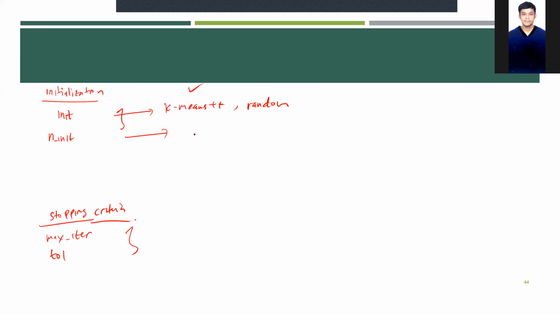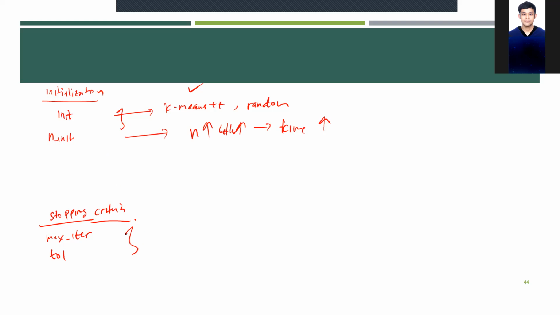If n is higher, the probability of getting a better result is also higher. You can get a better result, but the time also increases. So as a consequence, the time will usually be longer.